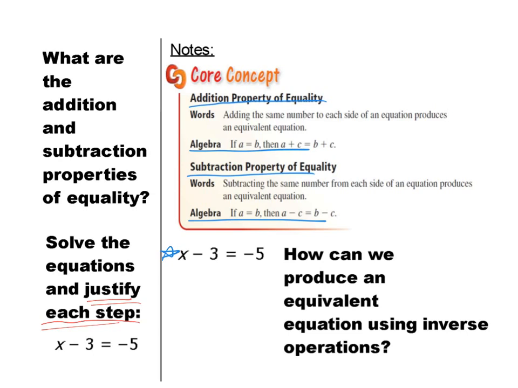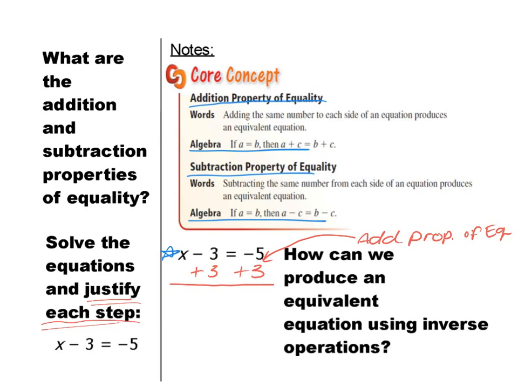So if I'm going to solve this, what do I do first? I add 3. We all know that. Now, to justify it, on the side, what I'm going to put is the addition property of equality. You don't have to spell the whole thing out, but you can write add prop of equality. That's a justification. I'm making an argument using steps.